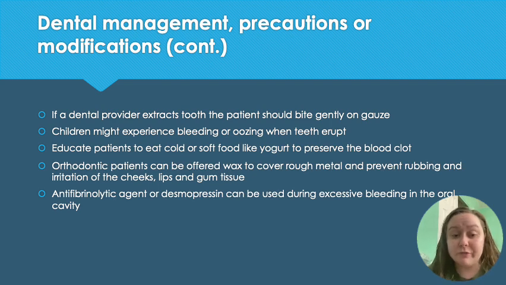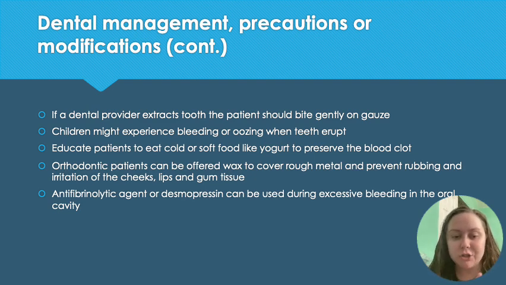If a dental provider extracts a tooth, the patient should bite gently on a gauze. Put pressure. Children might experience bleeding or oozing when teeth erupt, so that's kind of helpful to know. Like if I do have a pedo patient, parent calling, like, oh my gosh, what's happening? Well, your son's a hemophiliac. Most likely it'll be a boy.